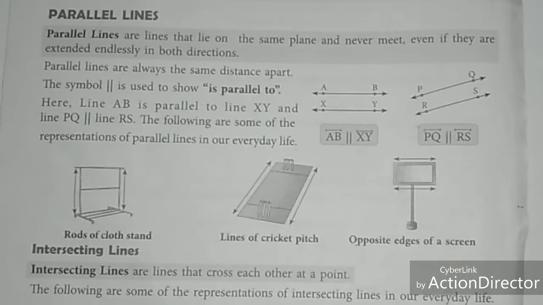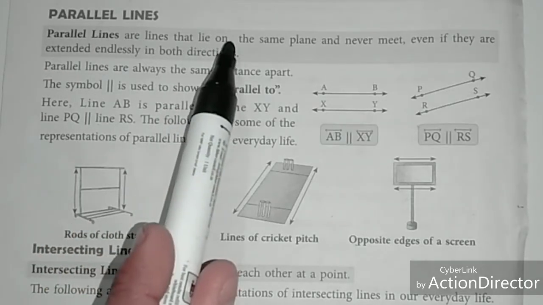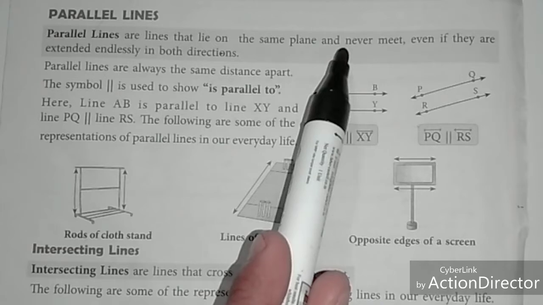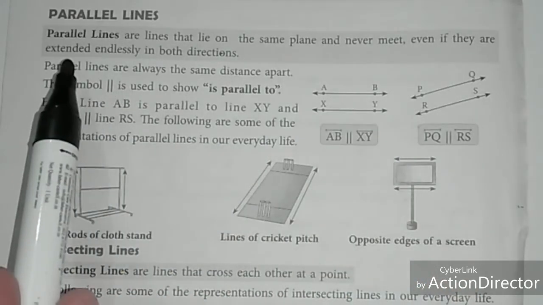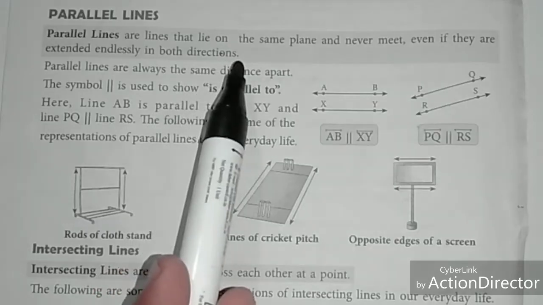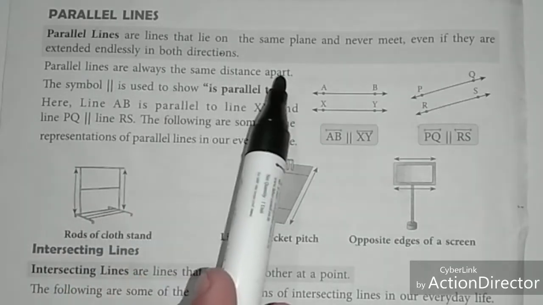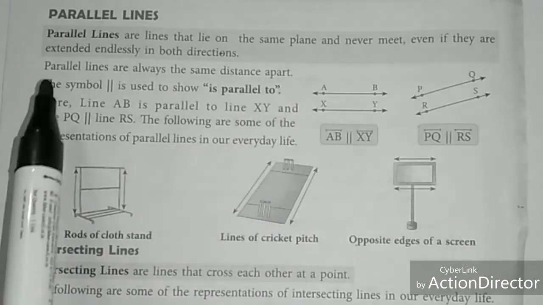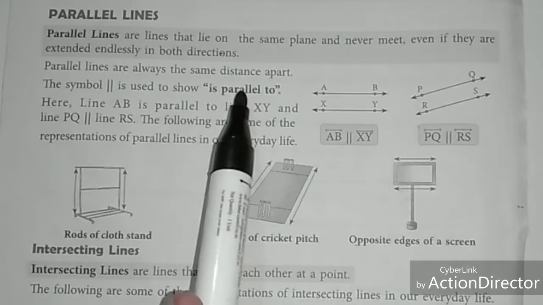Now we start with parallel lines. Parallel lines are lines that lie on the same plane and never meet even if they are extended endlessly in both directions. Parallel lines are always the same distance apart. The parallel symbol is used to show "is parallel to".